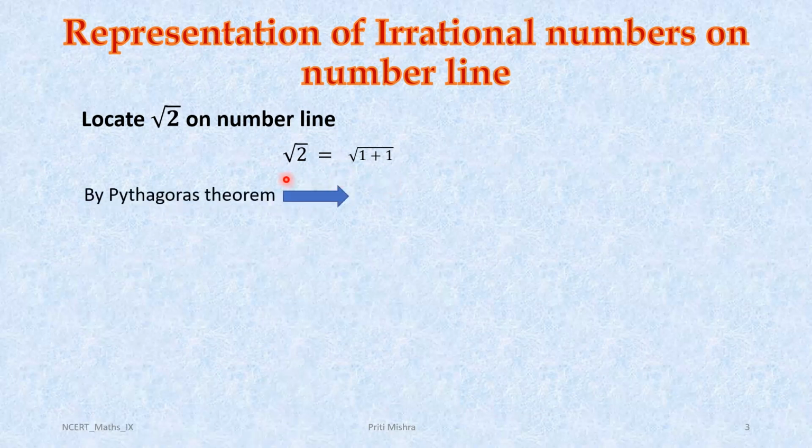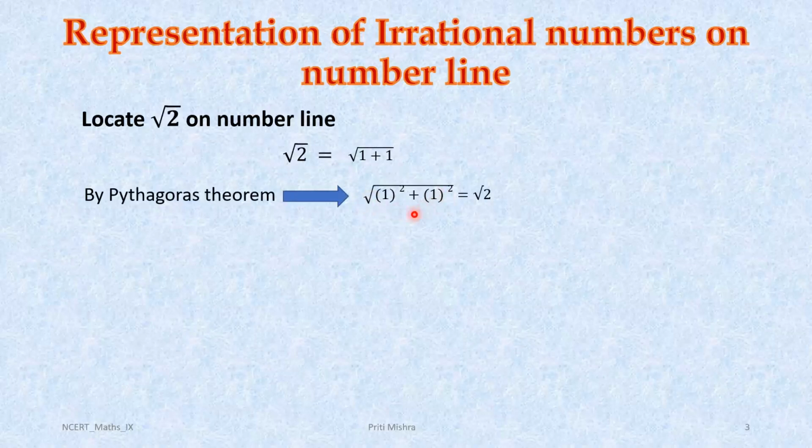Now, as we have to locate square root 2 on the number line, we will write this term in the form of the Pythagoras theorem. Square root of 1 square plus 1 square will give us square root 2. See, 1 can be written as 1 square, and this 1 again can be written as 1 square.